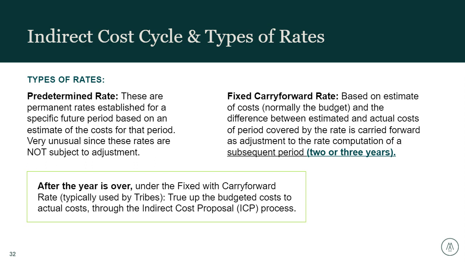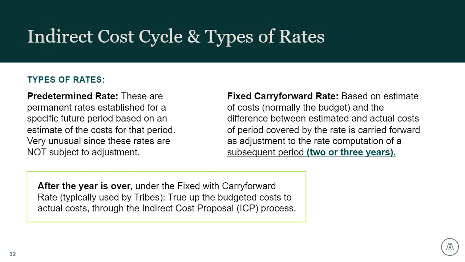The other type is a fixed carry forward rate, which is based on an estimate of cost, normally the budget. The difference between estimated and actual cost of the period covered by the rate is carried forward as an adjustment to the rate computation of the subsequent period. And typically what we see is that the subsequent period may be 2 or 3 years.